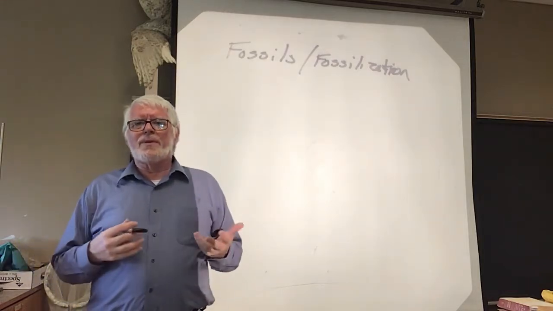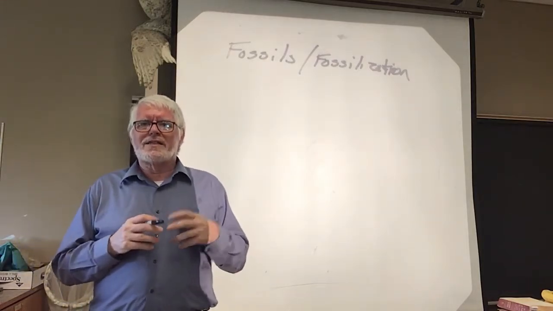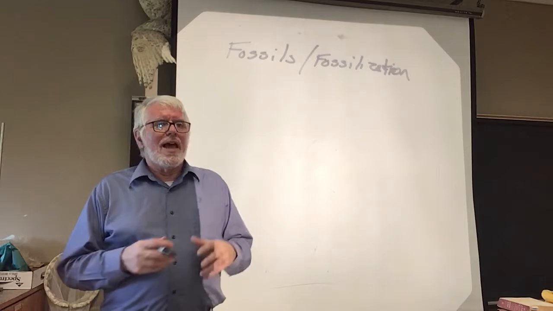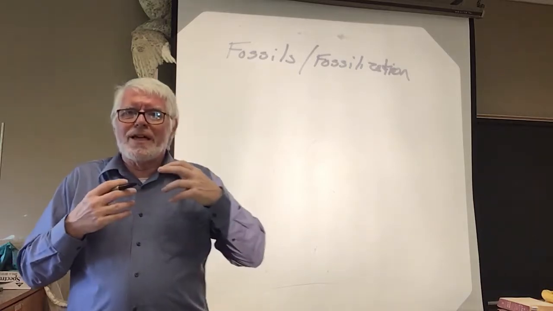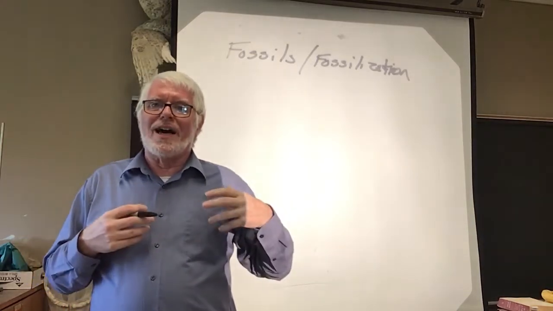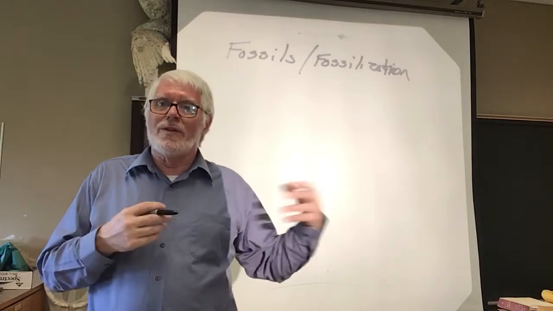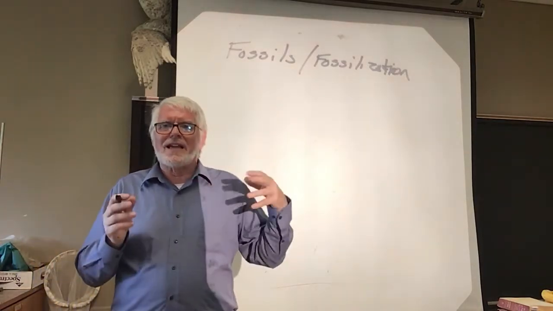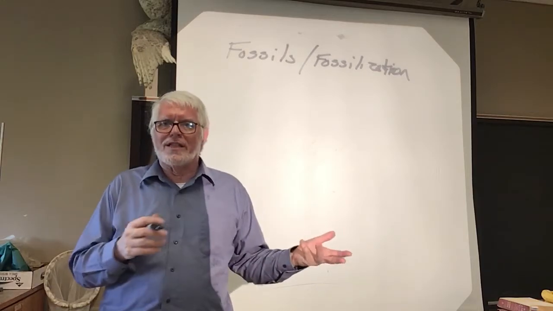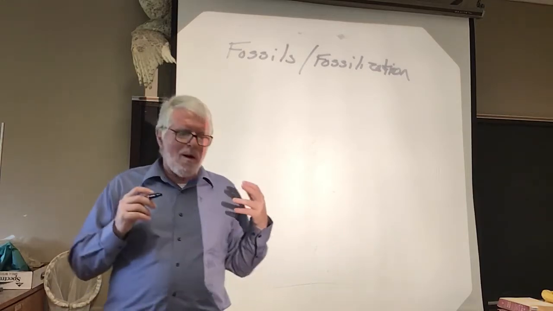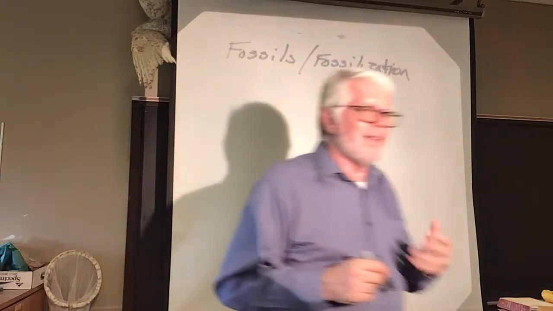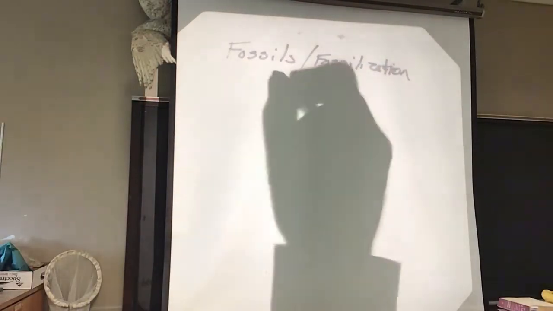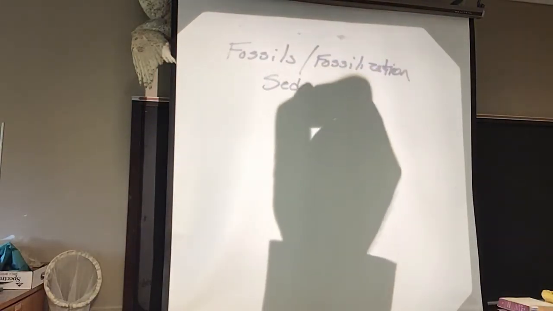Your typical fossil is something that died, and then before it can be completely recycled by the things that eat it or the things that decompose it, it gets hidden, it gets isolated, it gets covered usually in some sort of material. The most likely material that produces fossils is sediment in bodies of water.